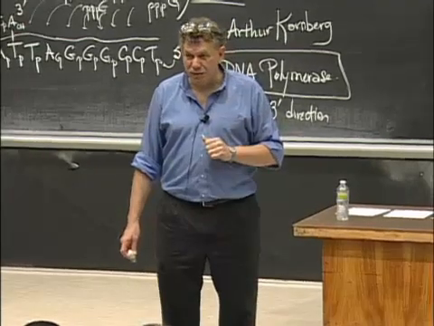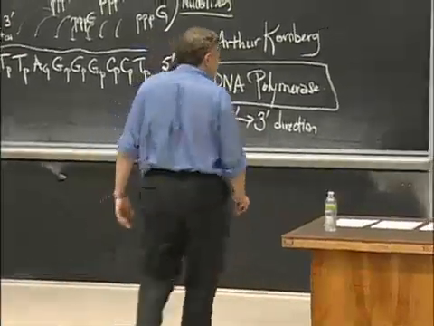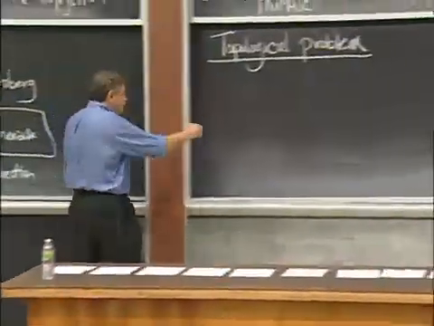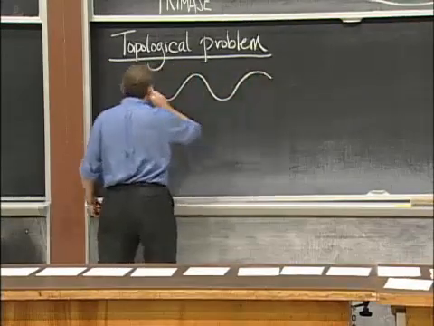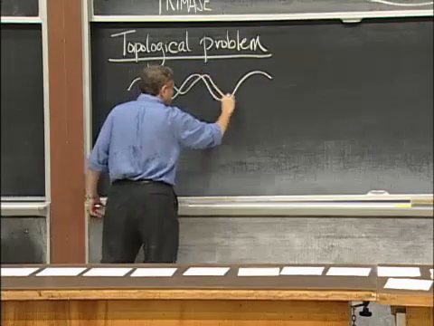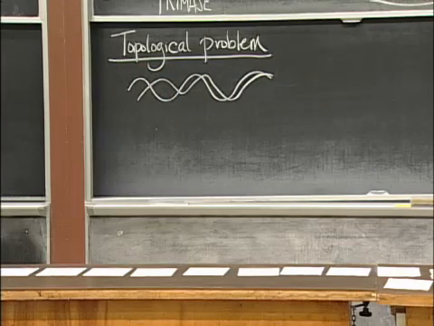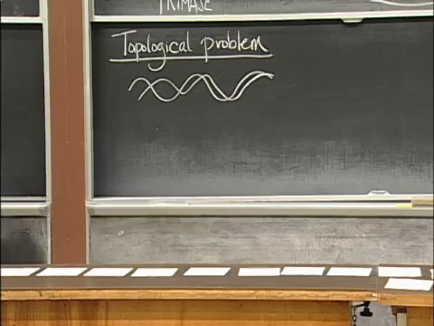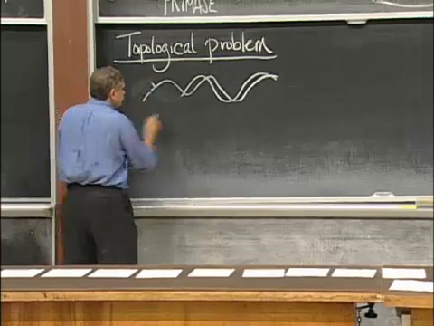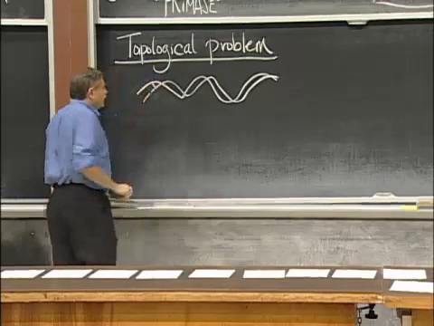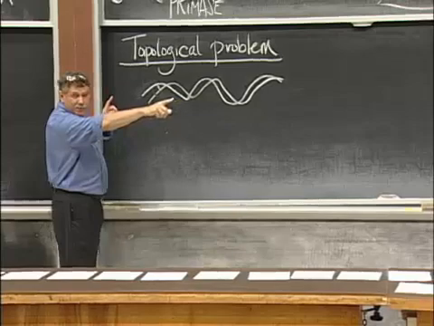Now there's another problem, this topological problem that also could make your head hurt. Let me try to explain what the topological problem is. Suppose I have some DNA like that, and it maybe goes around for a very long distance, like a circle.